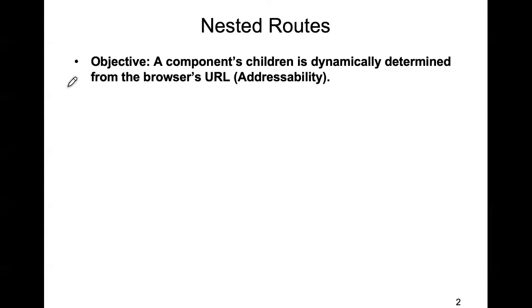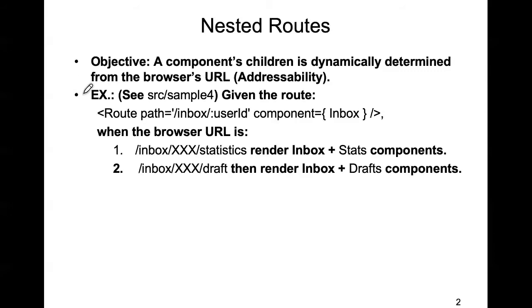So let's look at an example of these nested routes. Now, the little case study that we're using, if you remember, is one where we had 3 very simple pages in our app, a home page, an about page, and an inbox page. And let's suppose we've got this situation. We have a route relating to the URL /inbox/userID.